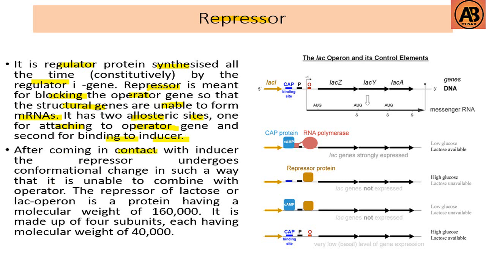After coming in contact with inducer, the repressor undergoes conformational change in such a way that it is unable to combine with the operator. The repressor of lactose or Lac Operon is a protein having a molecular weight of 1,60,000. It is made up of 4 subunits, each having molecular weight of 40,000. So this is about the repressor.